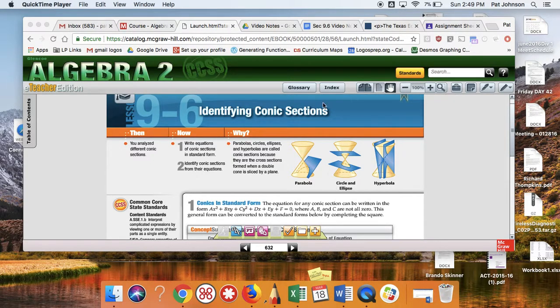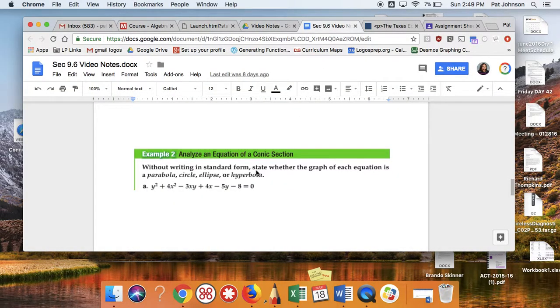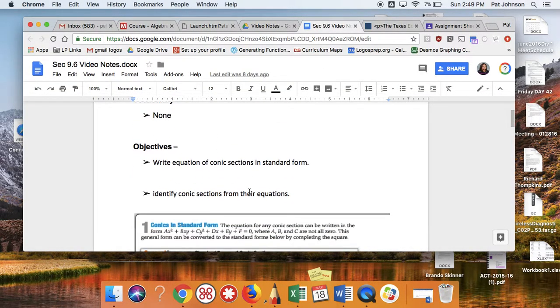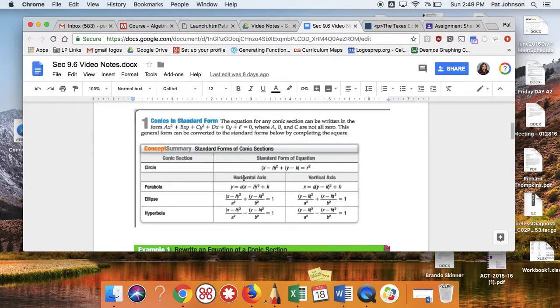Okay, so what are our objectives for this section? We have two objectives. We're going to write equations of conic sections in standard form, and we're going to identify the conics from their equations. Basically we're putting this all together.